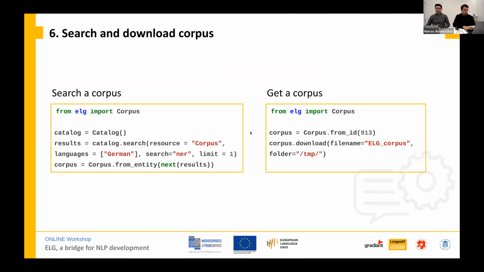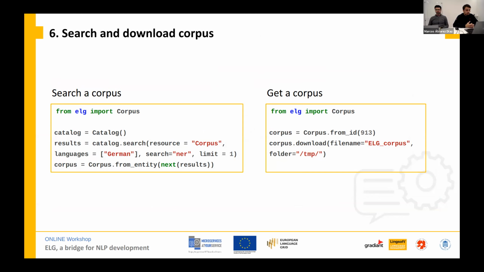Now we're going to finally talk about corpora. You can search corpora in the ELG website catalog in the same way as you search for language technology tools, using in the filters the option for corpora.